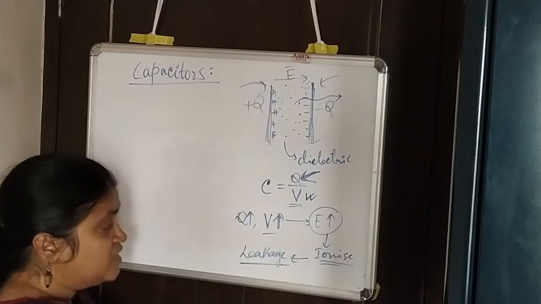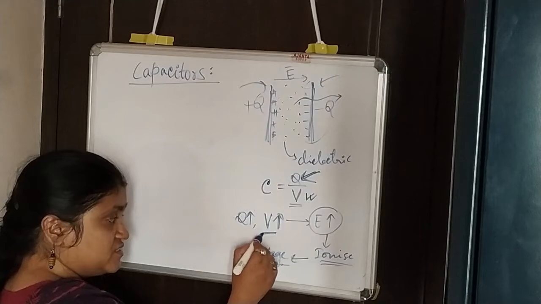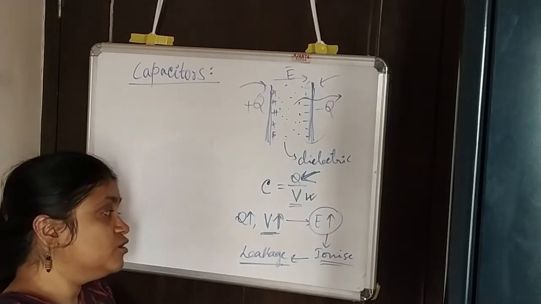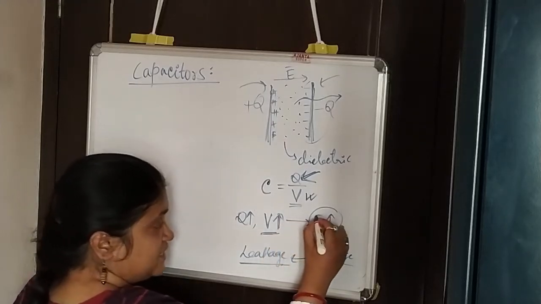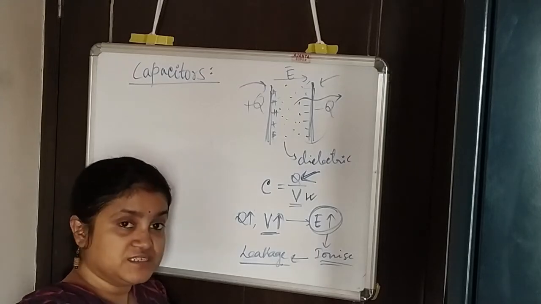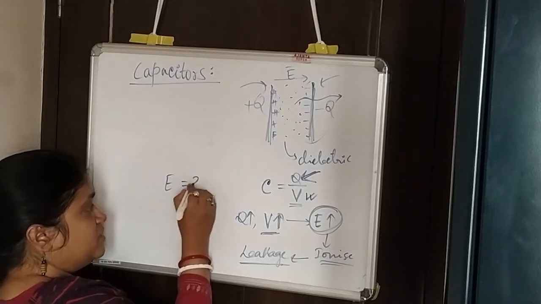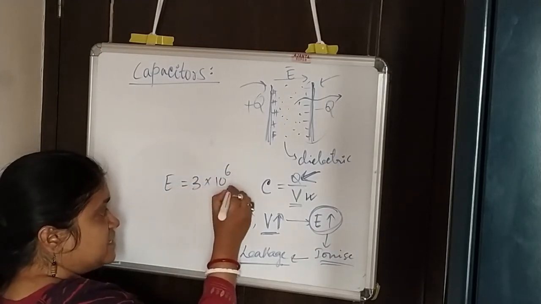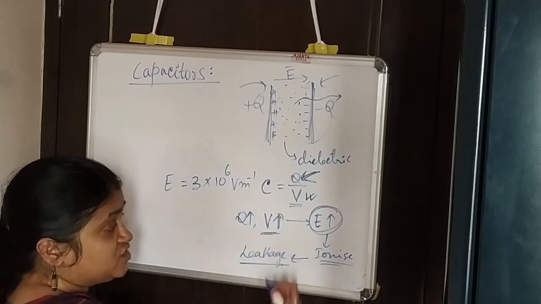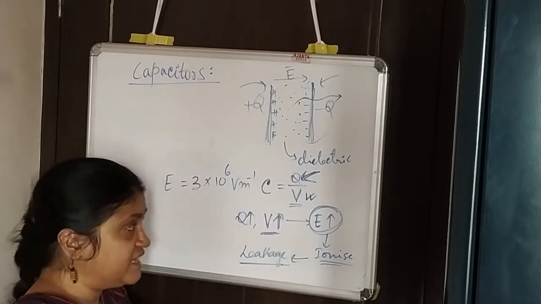What we can do is make sure that the potential difference is always kept low, or we can say that the electric field should always be kept to a certain limit. How much is the limit? The limit of the electric field should be 3 into 10 power 6 volt per meter, so that the ionization doesn't take place and the dielectric breakdown doesn't take place.